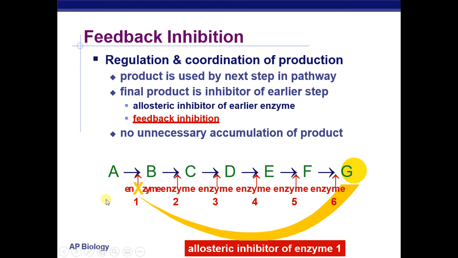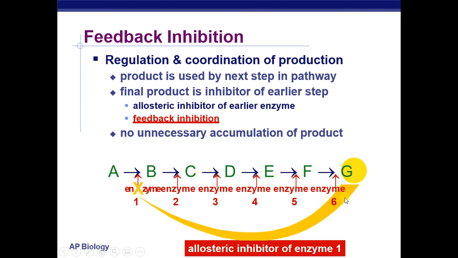in the previous steps. So G in this picture ends up being a non-competitive inhibitor, also called an allosteric inhibitor, of enzyme number 1 that prevents the overproduction of G. And this is what we call feedback inhibition. It allows greater control over this pathway because we don't unnecessarily accumulate G when maybe we don't need to make any more.